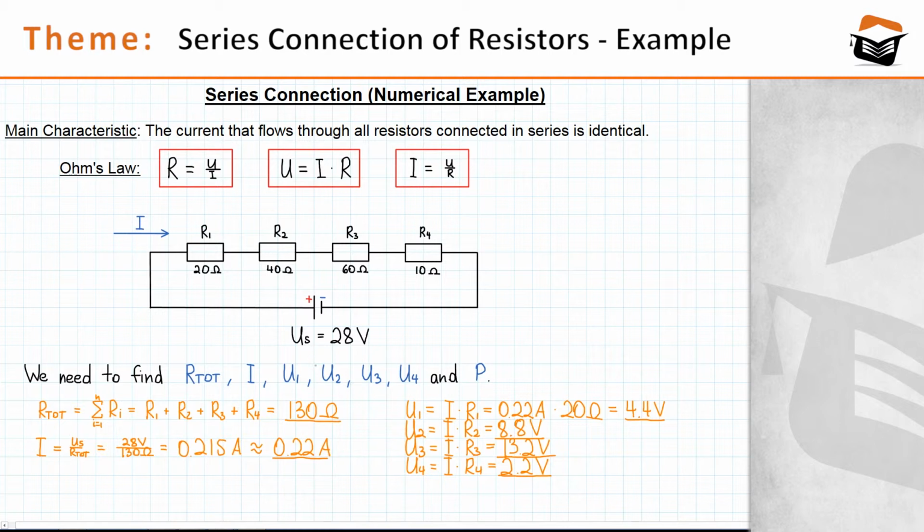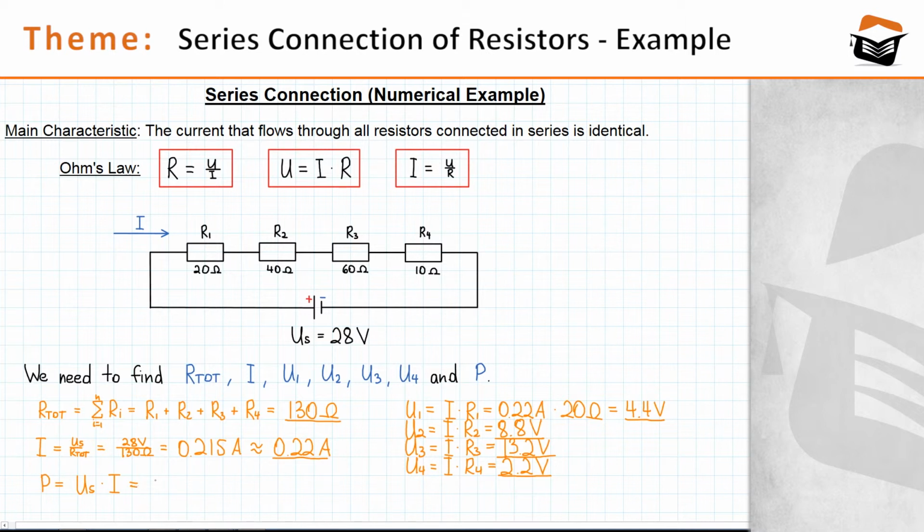And now the only variable that is unknown is the electric power. And the electric power can be computed as the product of voltage and current. Now, the voltage is going to be the source voltage, because we're looking for the power dissipated by the whole circuit. And we need to use the source voltage as the voltage, so it's going to be US times I, the current, which, as you know, is constant everywhere in the circuit.